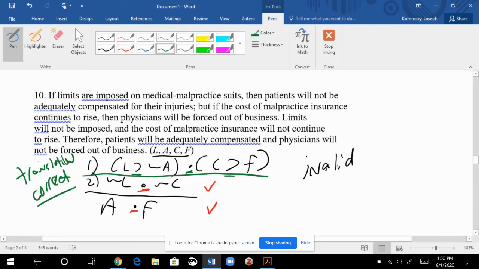Translation's correct. It's just that once you translate it and you see the symbols, there's something missing, because the constructive, destructive, like I said, they're using different symbols on premise 2 and the conclusion. They have wedges. This one has conjunction. So it's invalid. Doesn't work.